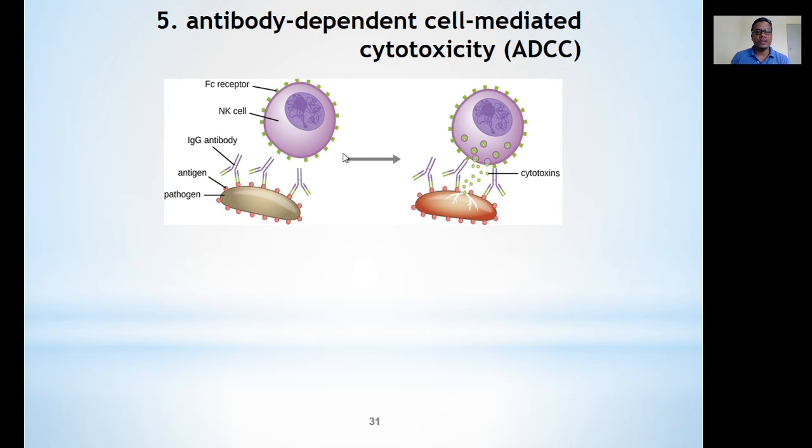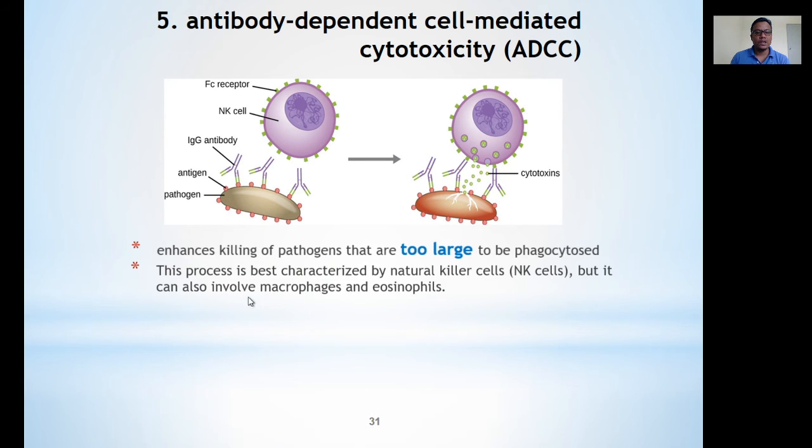And fifth, the antibody-dependent cell-mediated cytotoxicity, or ADCC, where it enhances killing of pathogens that are too big to be engulfed by the phagocytes or other cells. This process is best characterized by the natural killer cells, but can also involve other macrophages.